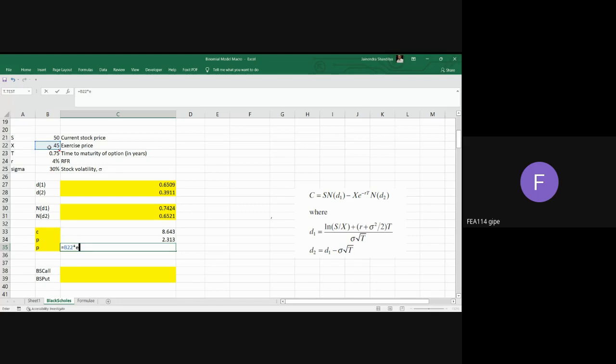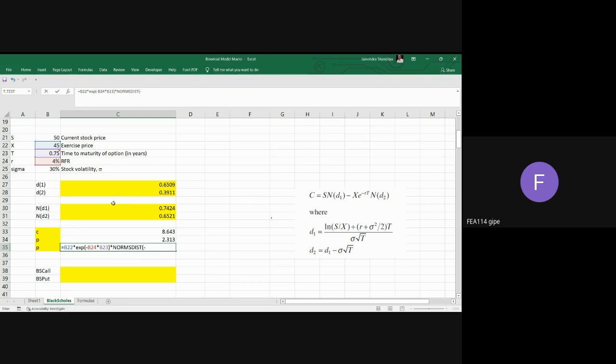Into exponential, and minus RT, so minus 4% into time. I close this bracket. So one side of the thing is done, and then I have the norm, because in Black-Scholes this is also to be used, and I have to use minus D2 here, because this is calculated in the other way.